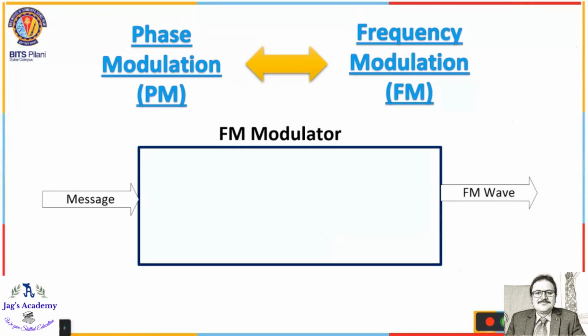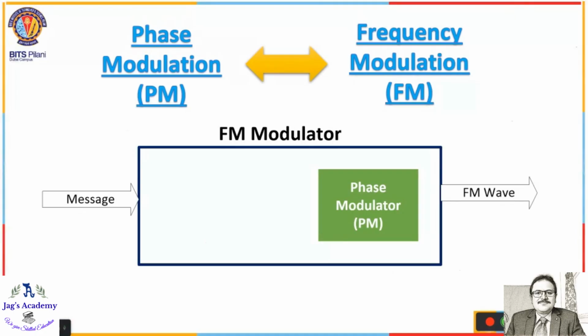How do you convert it into a frequency modulator? Come on. Integrate. Whatever message signal you have, you integrate it and then give it to the phase modulator. Yes or no?